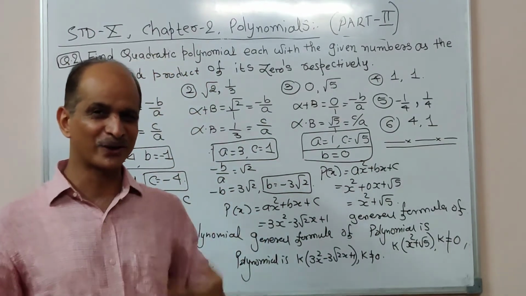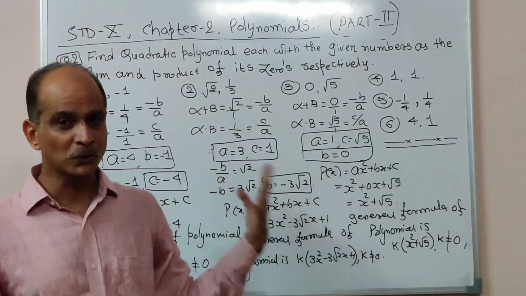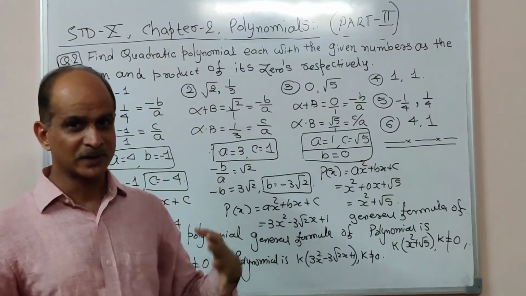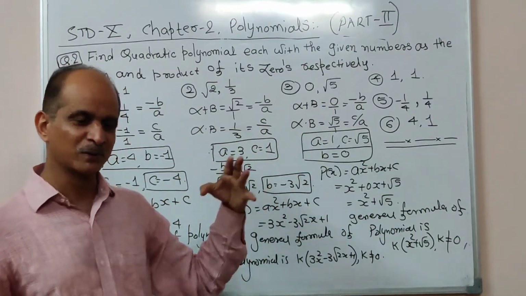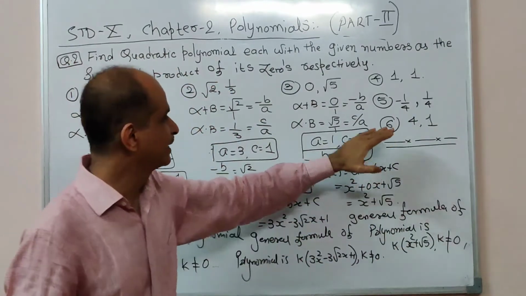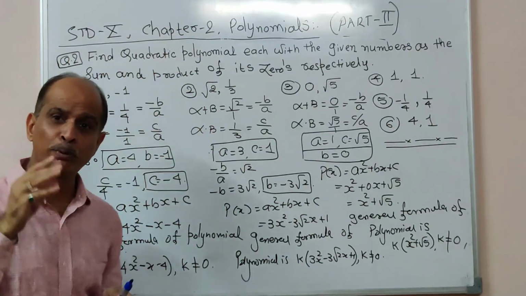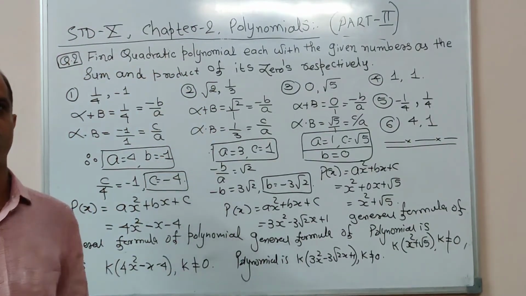If you take a is equal to 1, c is equal to 1 and b is equal to 4. Put the value of a, b, c in the general formula. You can solve the 6th example easily. So with this, we have completed exercise number 2.2.